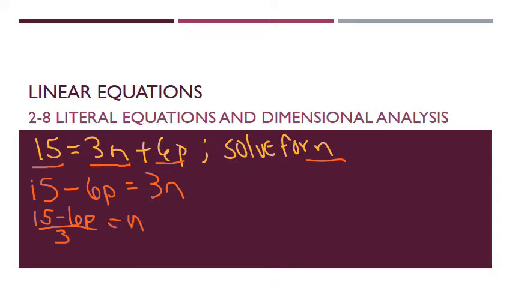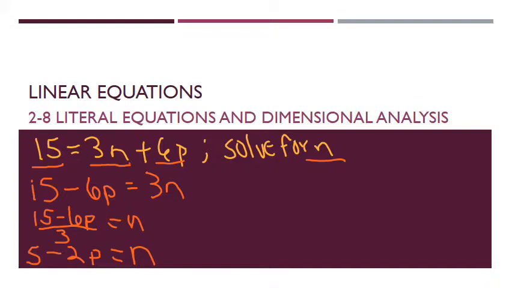And I can reduce this because 3 will go into 15 5 times, and 3 will go into negative 6p, or negative 6, 2 times. So then I've got 5 minus 2p equals n. And so here's an example of solving for n in a literal equation.